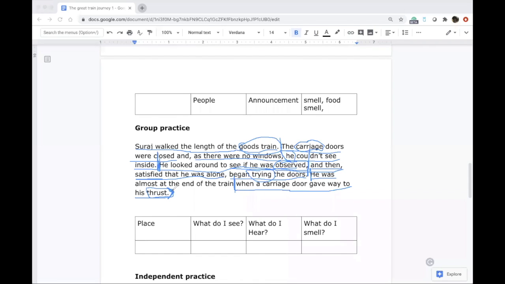Sir, can you repeat that? I can't hear you. Okay. What do you think is the meaning of the word thrust? Using the information that you read so far in the sentence, a carriage door gave way to his thrust. Now, what do you think is the meaning of the word thrust?